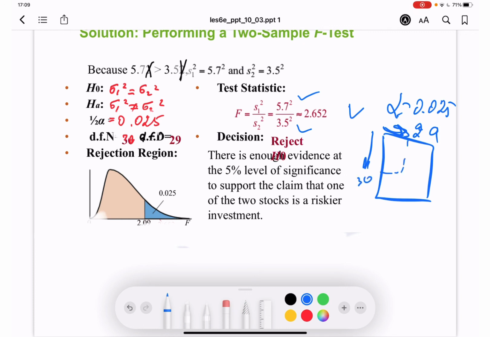And our critical value is going to be 2.09. If we compare 2.09 to 2.659, it's going to fall in this rejection area, which means we reject the null hypothesis.